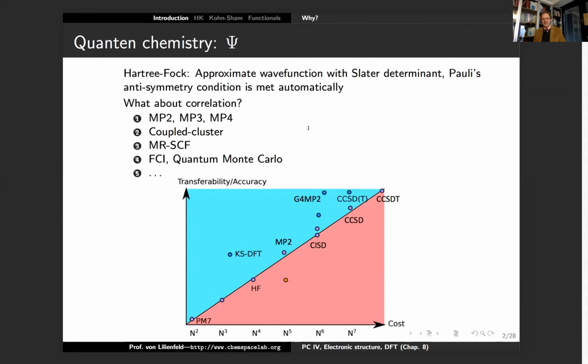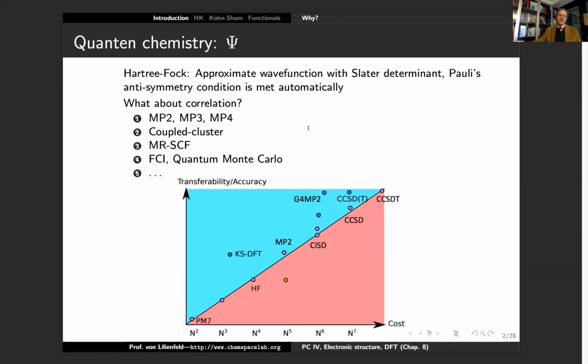So as I said, this requires then some compute cost. And here you have a cartoon from one of the papers from my group, where you see on the y-axis transferability or accuracy measure, and on the x-axis you see the computational cost, where n corresponds to the number of electrons in your system.